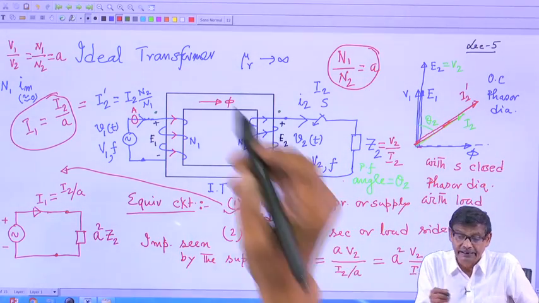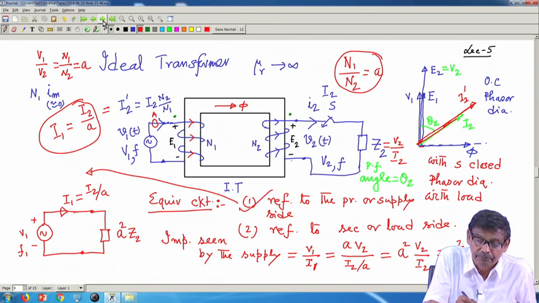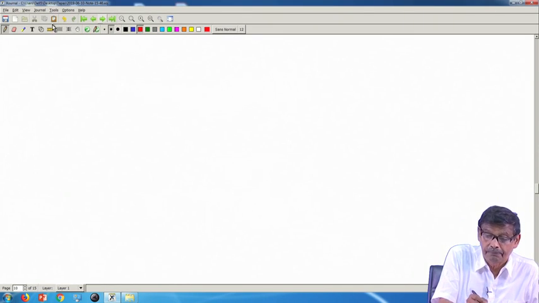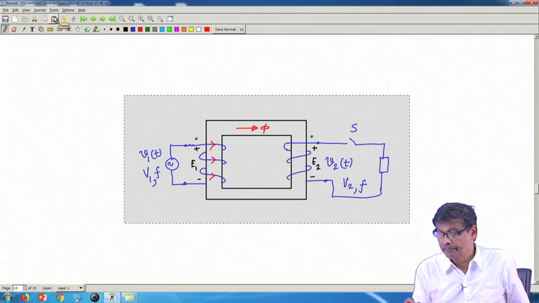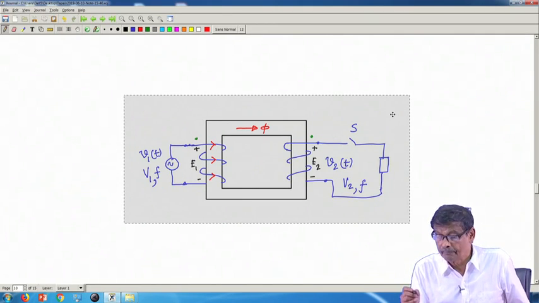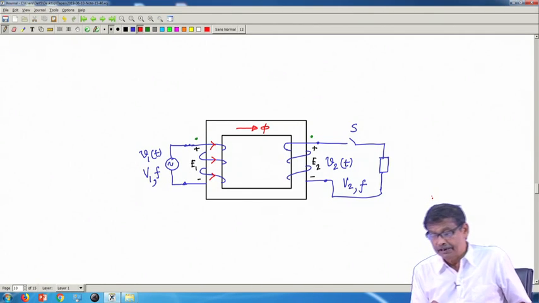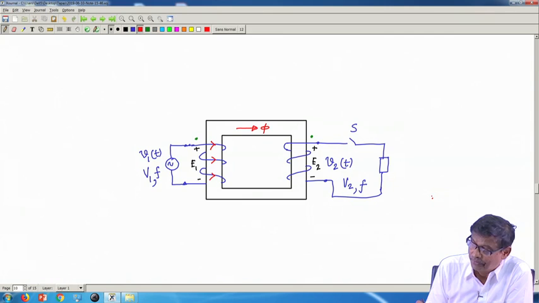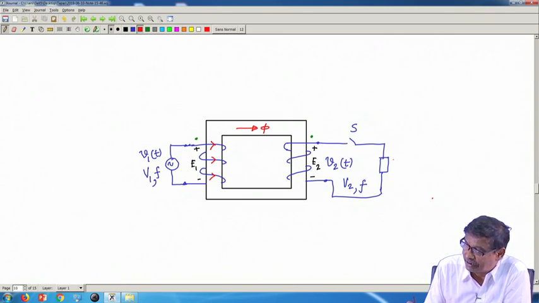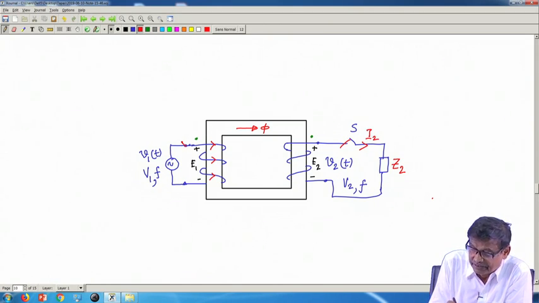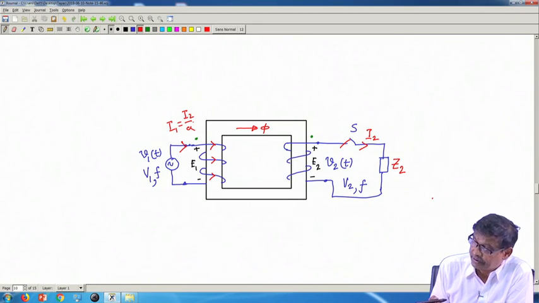Therefore, in the next page, I will now tell you what is the equivalent circuit referred to the load side. So, this was Z2, this switch is closed, this is I2, and recall this current is I1 which is equal to I2 by a, this we have done right now, and this is the situation.